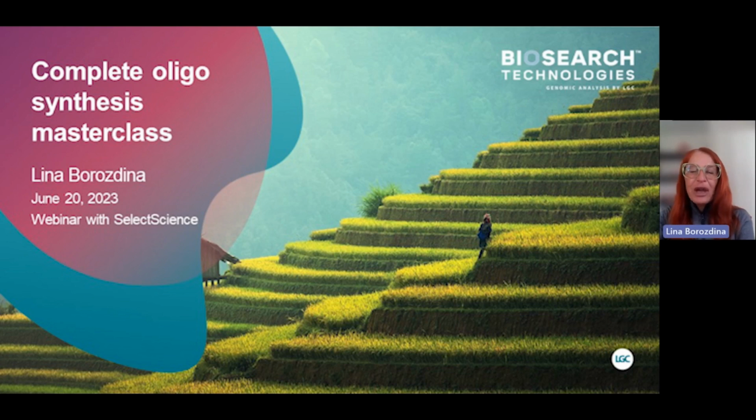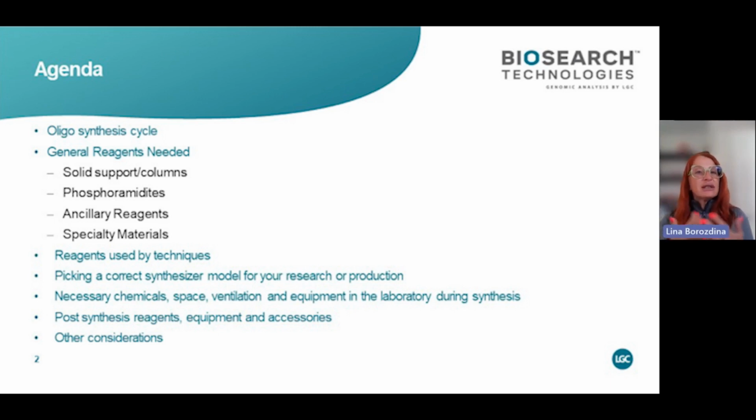Hello, everybody. I will be speaking about the complete Oligo Synthesis Masterclass today, going from the chemical cycle and continuing into how you should set up the laboratory. So the agenda for today would be the oligosynthesis cycle, general reagent needs, which includes solid support columns, phosphoramidites, ancillary reagents, specialty materials.